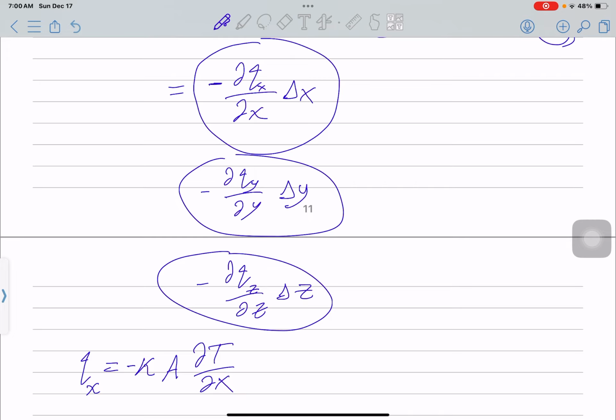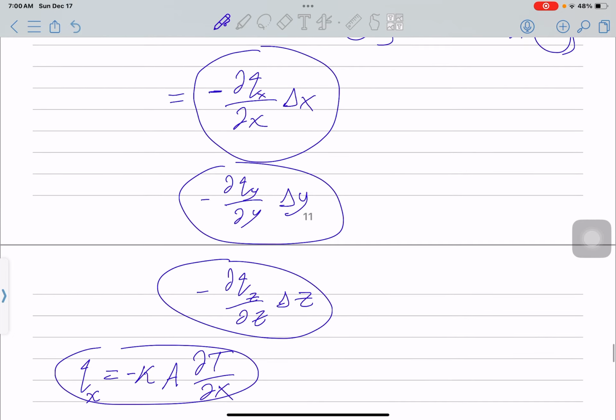Qx is like this, so negative partial qx by partial x delta x will become negative partial by partial x of negative k multiplied by the area multiplied by partial T by partial x.